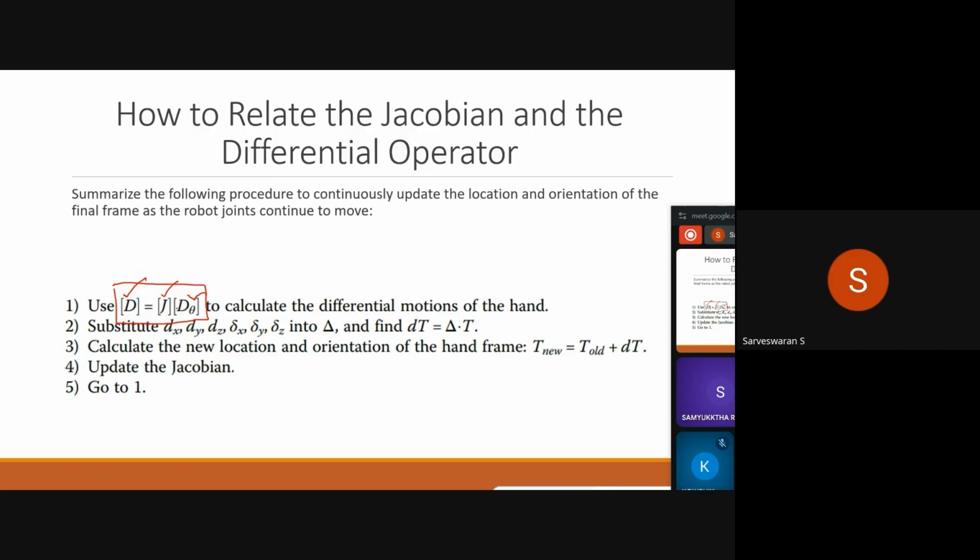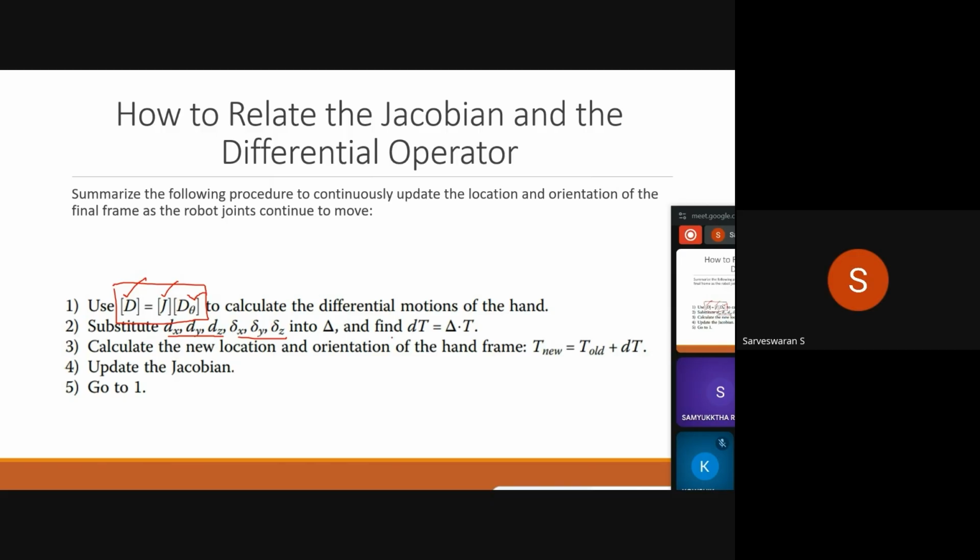So the Jacobian is used to relate your joint motions with the end effector motion. These are all the various components in your end effector velocities: dx, dy, dz, and del x, del y, del z. These are the six terms which will be used in the D matrix. These three are linear velocities, and these three are angular velocities.